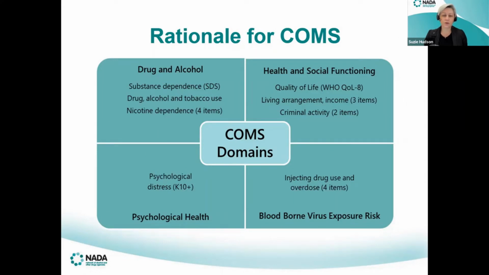The specific questions selected from that looked at blood-borne virus exposure risk. Once again, in combination, these different measures were seen to be attending to areas of life that people would usually be seeking to address by coming to drug and alcohol treatment.